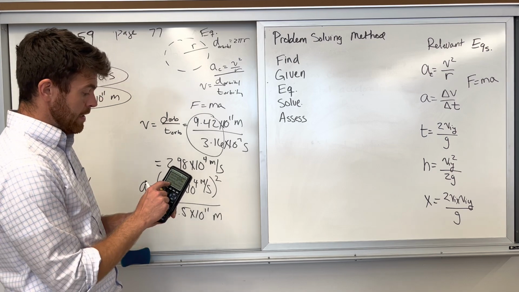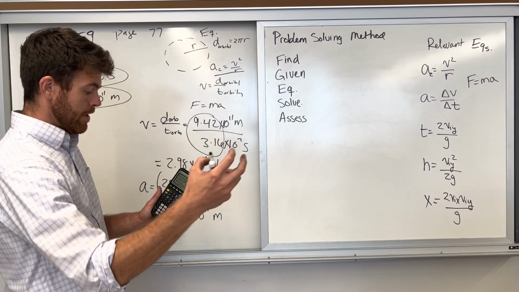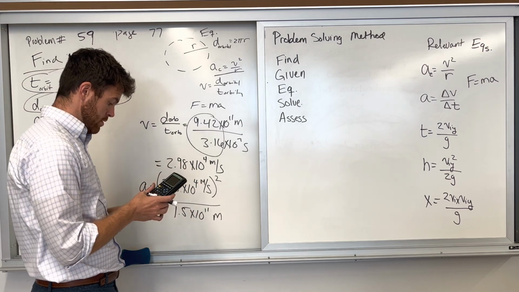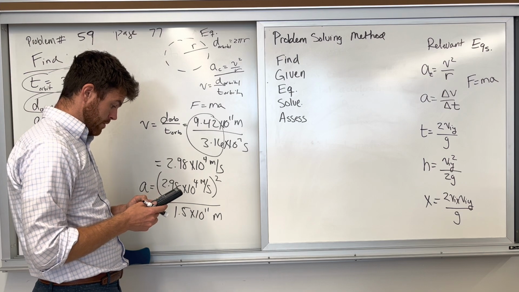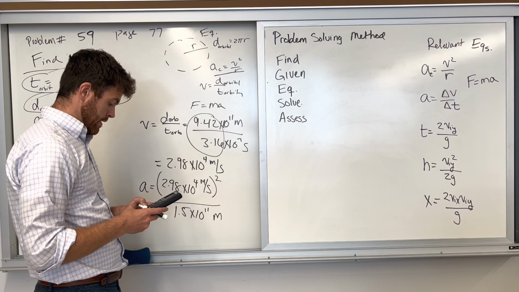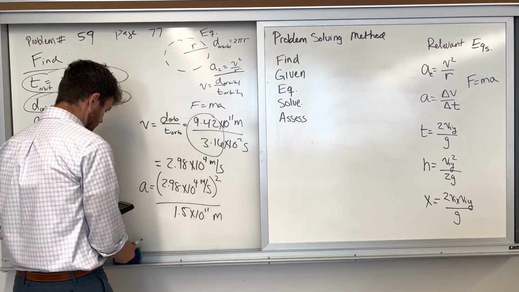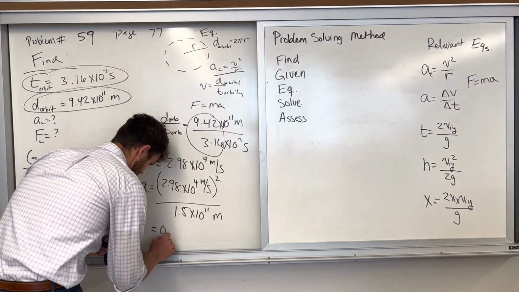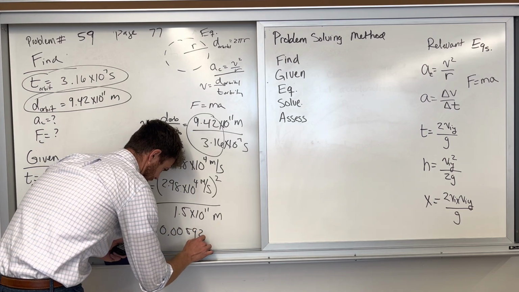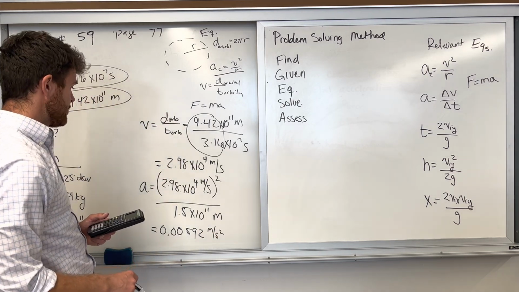You hit that, and you get a capital E on your calculator. That E stands for times 10 to the. And so I'd write 2.98 E4, and I want to square that. I'm going to divide it by 1.5 times 10 to the 11. And I get 0.00592 meters per second squared. It's a small acceleration.